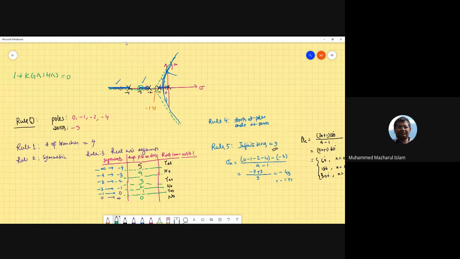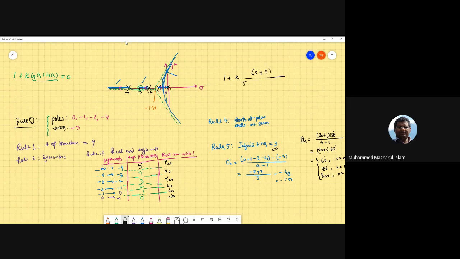Now, the poles and zeros that are described here are the poles and zeros of the open loop transfer function G and H. So my characteristic equation would be 1 plus k into, zero at minus 3, so the corresponding term will be s plus 3.